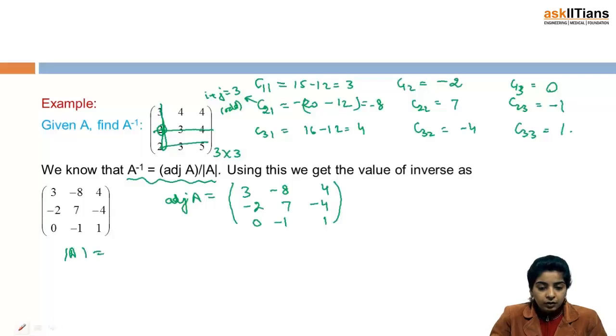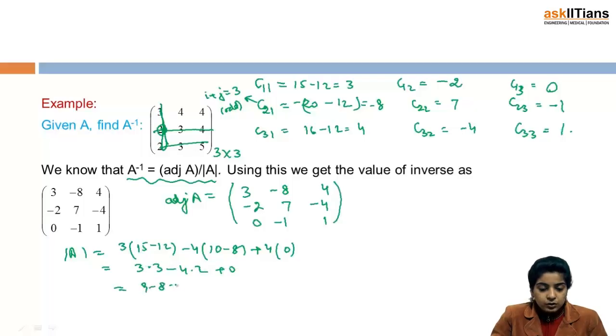Now in order to compute the determinant, what I do is 3, then we leave this row and this column, we have 15 minus 12, then minus 4, and 10 minus 8, plus 4, 6 minus 6 is 0. So this gives me 3 into 3 minus 4 into 2 plus 0, 9 minus 8, which is 1.